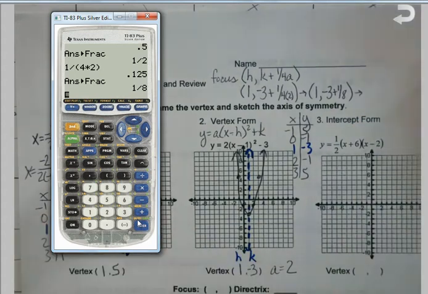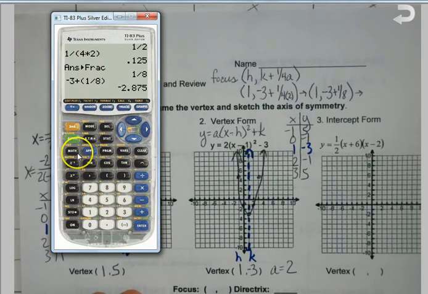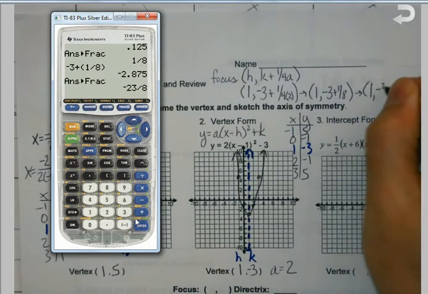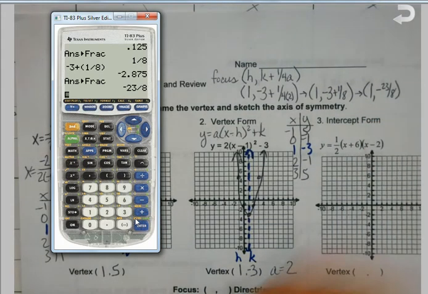One more thing to simplify, and if some of you can do it in multiple steps at a time, that's okay. -3 plus, any time there's a fraction, put it in parentheses. -3 plus 1/8, which is -23/8. Sorry for the squeeze here on your paper. Okay. That's my focus.